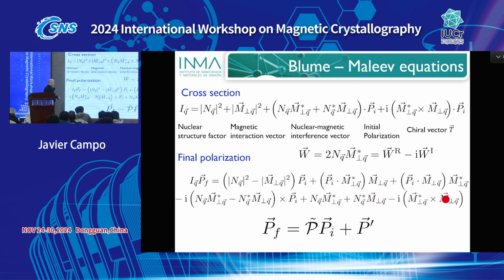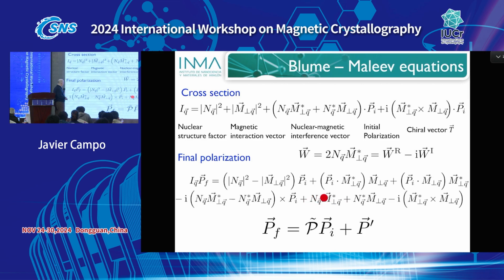That means that depending on the magnetic structure, we can have a final polarization even if the initial beam was not polarized. And we can write this expression, the final polarization, as a matrix multiplying the initial polarization plus something that doesn't depend on the initial polarization.